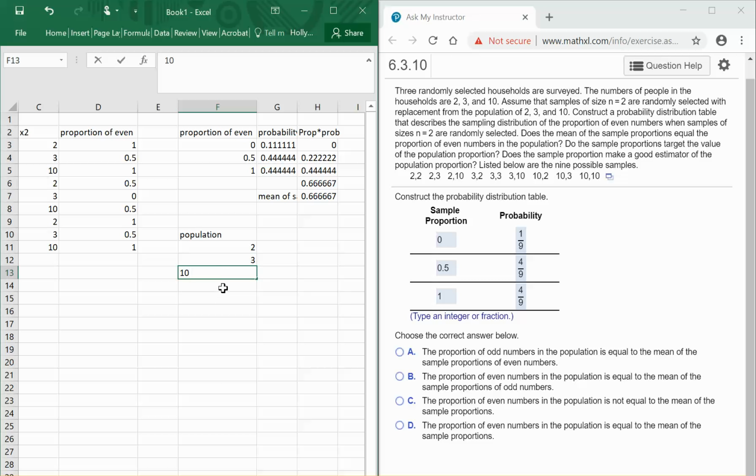And in this population, the proportion of even numbers is 2/3. Notice that the mean of the sample proportions is equal to the population proportion. So I believe that's D.